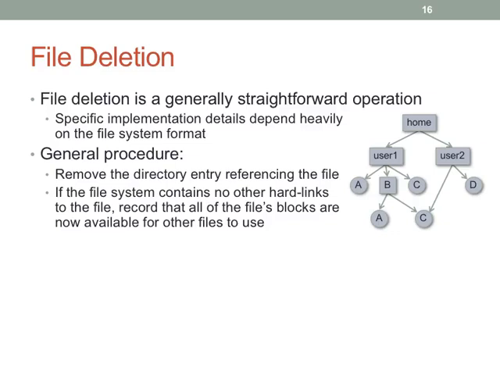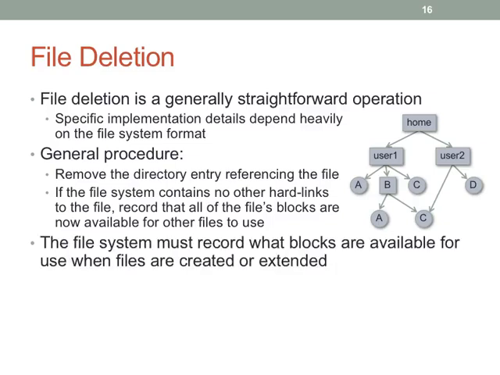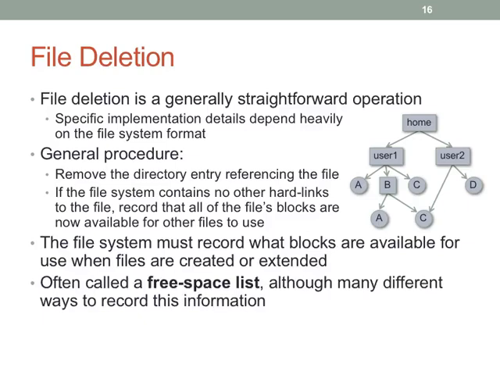Well, all we really do is somewhere say those blocks are now available for other people to use. So we have this requirement that we need some way of tracking free space, and there's various ways it's described. A lot of times I've seen it called a free space map. Free space list is one kind of lame way to record it, but one can certainly do it that way.